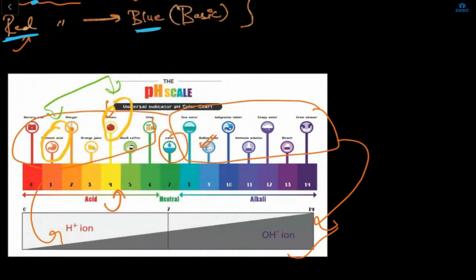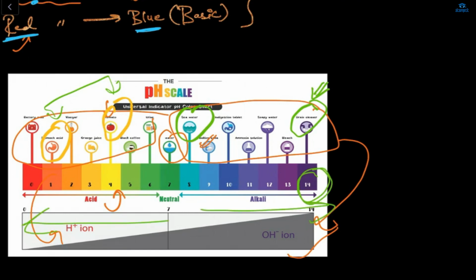And on this side, is drain cleaner more basic or seawater? Drain cleaner. This way basicity increases, and this way acidity increases, and this is your neutral. So if you go to the right-hand side, the basicity will increase, and if you go to the left-hand side, the acidity will increase.